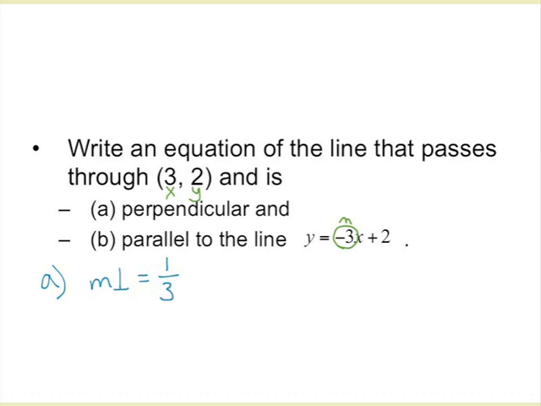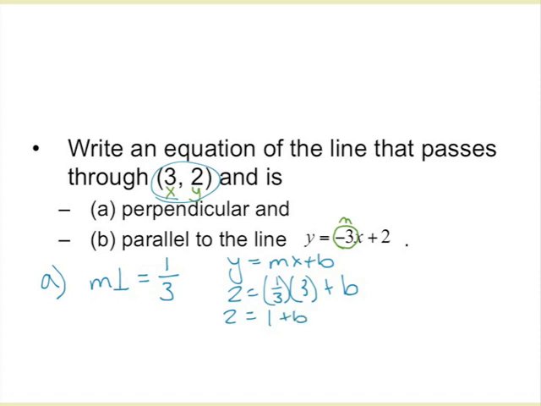So we're going to use a slope of 1/3 and the given x and y and do what we did in the last problem. So y equals mx plus b is our equation. Plug in a 2, plug in a 1/3, plug in a 3, and we'll want to solve for b. So we get 1 plus b.